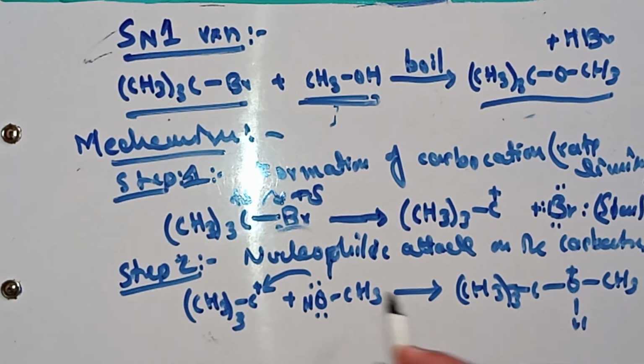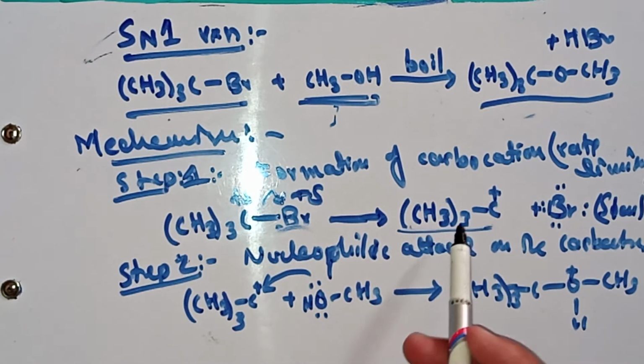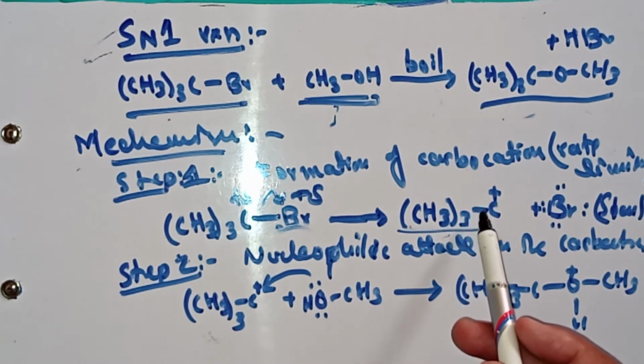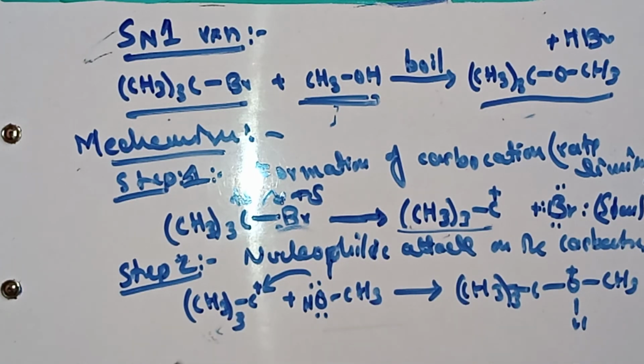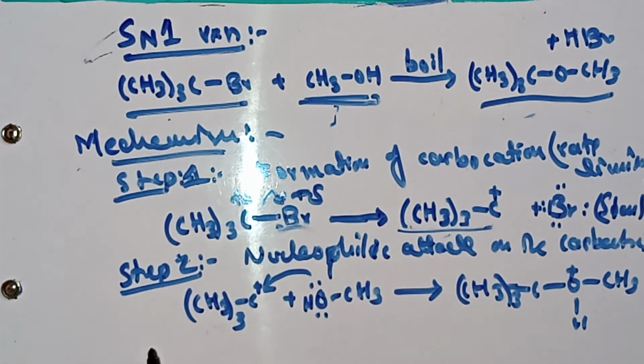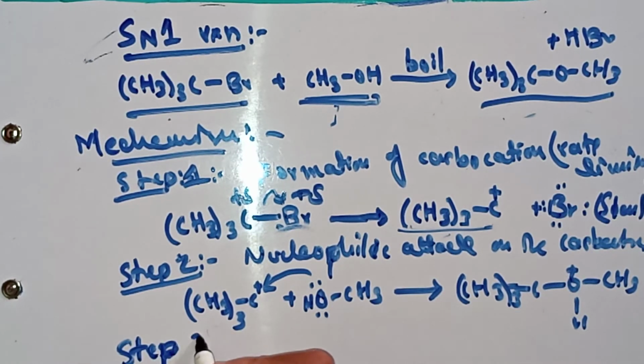This step is a very fast step, because as soon as the tertiary carbocation is produced, the solvent nucleophile will attack it within a fraction of a second. So this reaction is very fast, and it is not as endothermic as the first step. The first step is very endothermic because it is a very slow step, but in the second and third steps most of the energy is lost, meaning the reaction becomes exothermic.